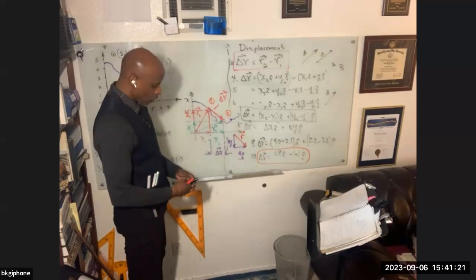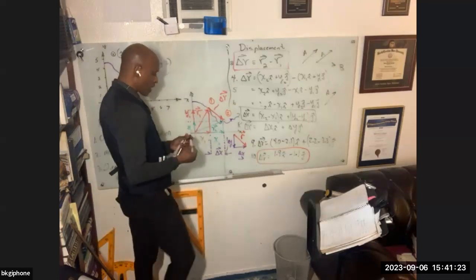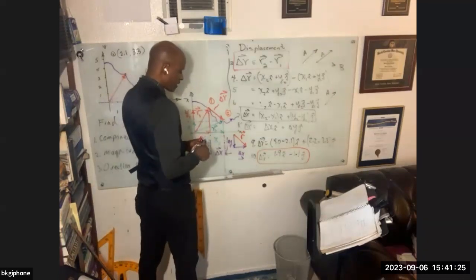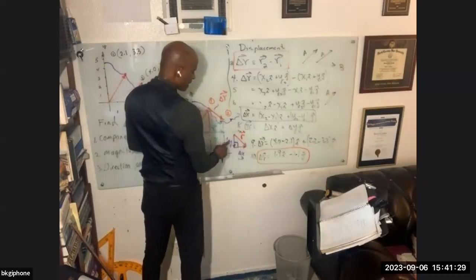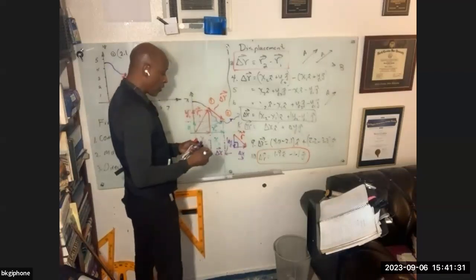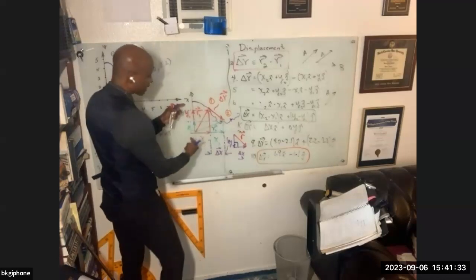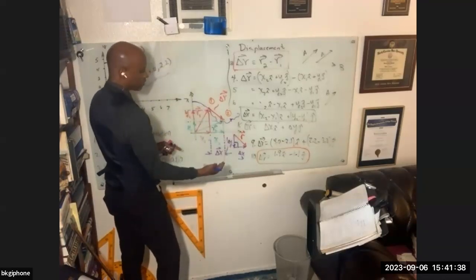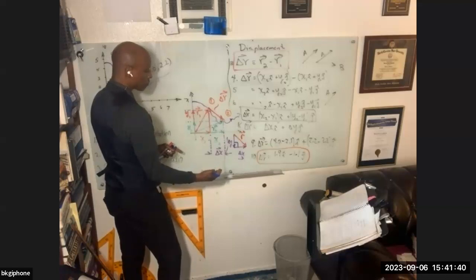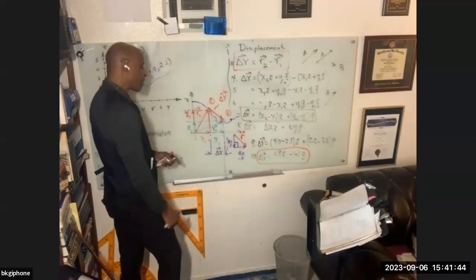What is a right triangle? It's a triangle in which one of the angles is 90 degrees. So there's 90 degrees between delta x and delta y, and you know that because it's projected along the coordinate axes, and the axes are set up to be 90 degrees relative to one another. So it makes a right triangle.